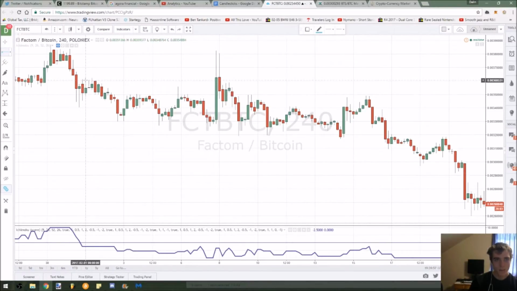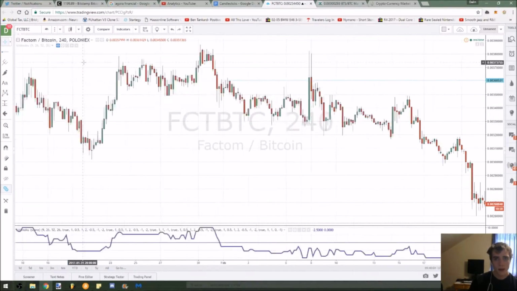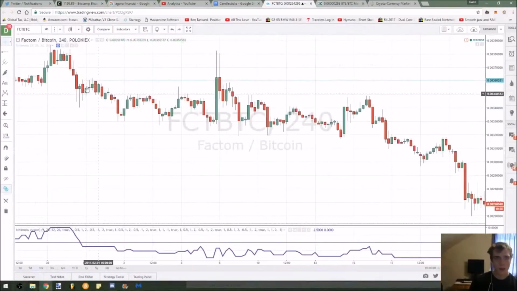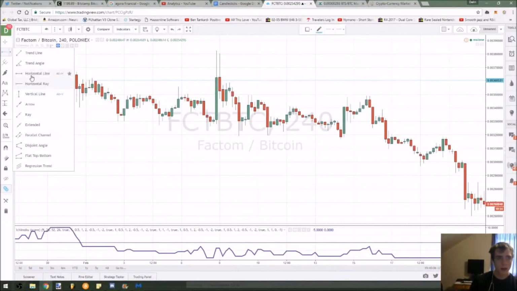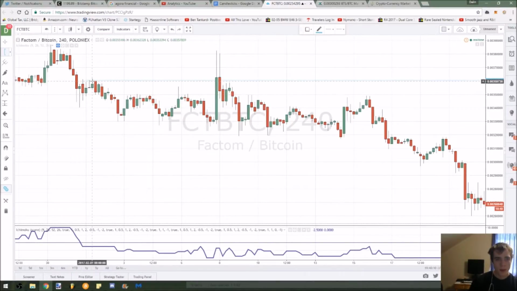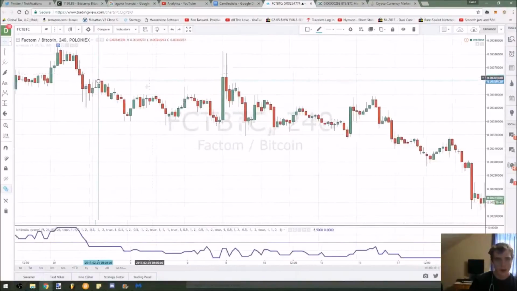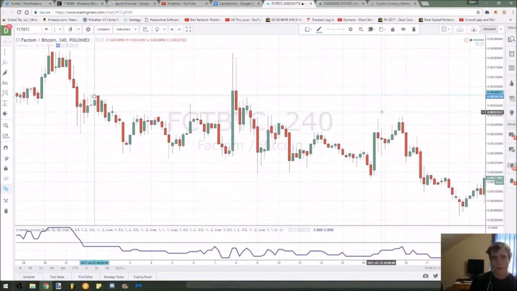Aha. Okay, so there's the 1st of February. That actually did not work. That was weird. Oh, that's a horizontal ray. I need a vertical line on the 1st of February. Okay, awesome. Now we have a vertical line on the 1st of February.